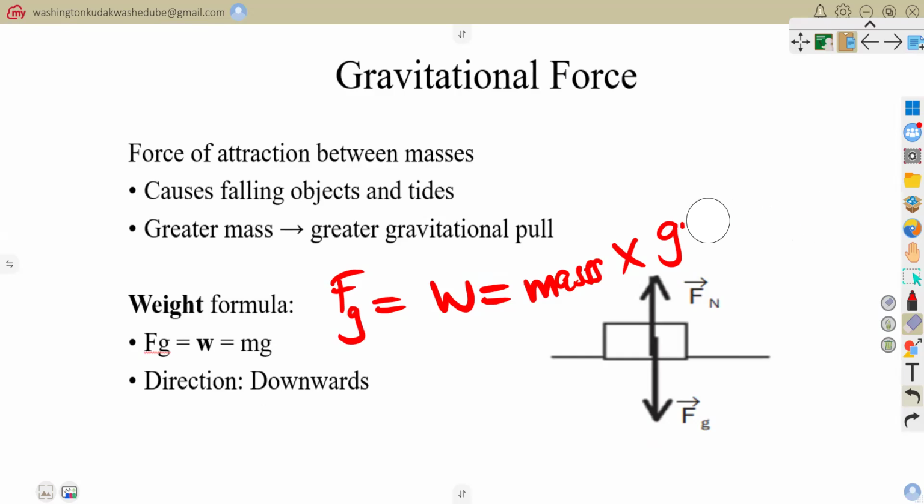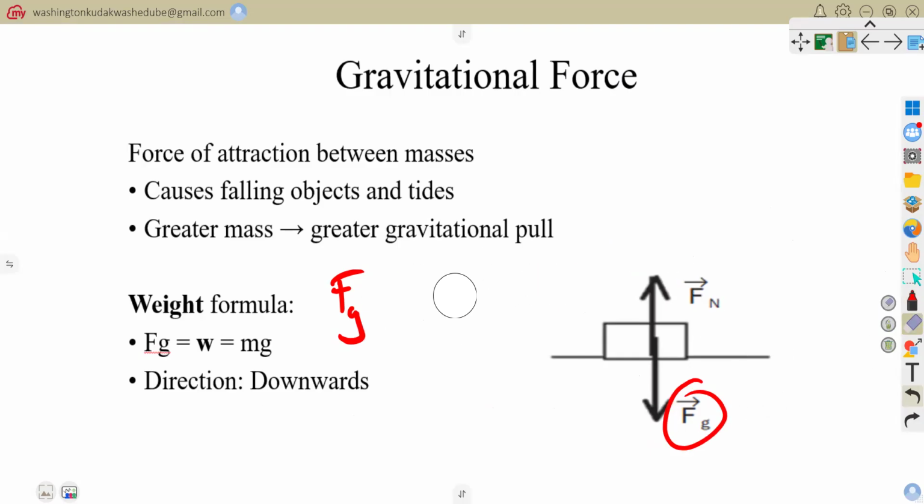So we define our weight, or gravitational force, by the law Fg = W = mg. And it is always directed vertically downwards. So you will always see the gravitational force being directed downwards.